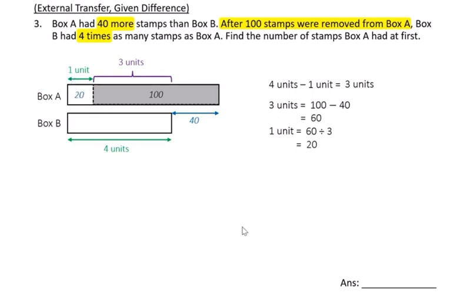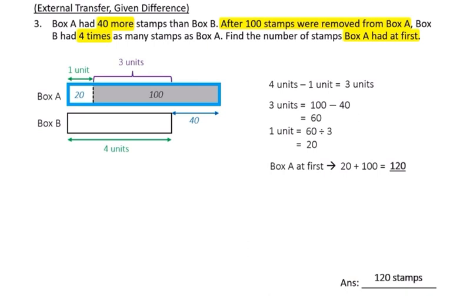Okay, the question is asking me to find the number of stamps in box A at first. So box A at first means the whole rectangle that you drew for box A initially. How to find? Bring back the 100 stamps that were removed from A. So 20 plus 100, your answer is 120 stamps.